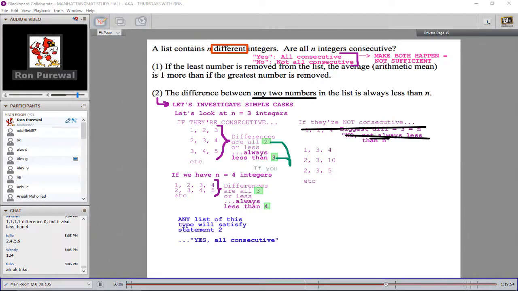You'll notice that. If not, you play with lists of non-consecutive integers, and eventually you'll realize it. If you try to spread these out any more, it's not going to work. You'll have a difference of at least n.